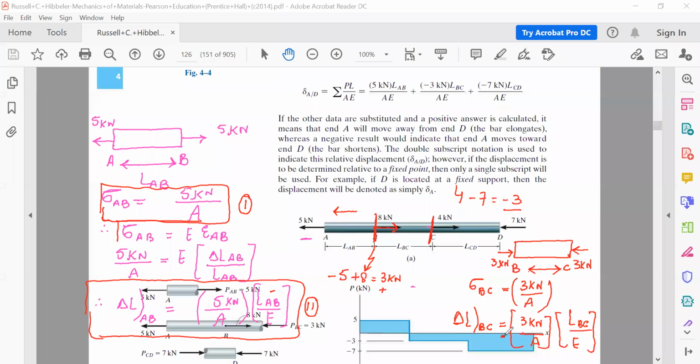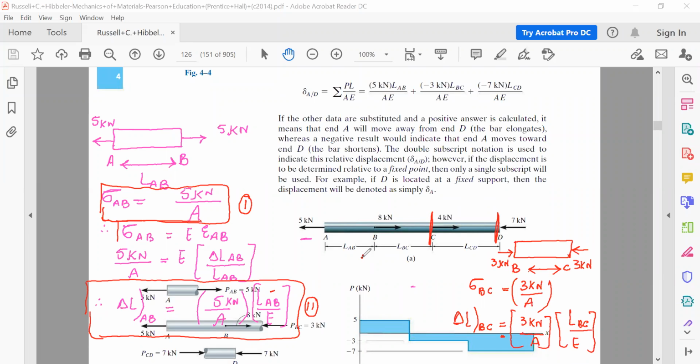Okay. Now we'll go to the last section. The last section that we have is the section CD. Now as we go to the section CD, I will write this section CD.